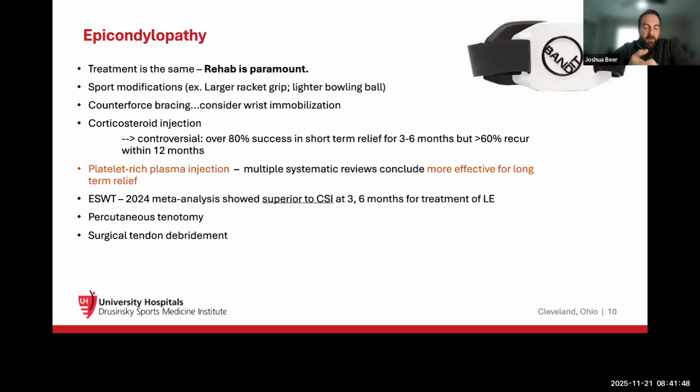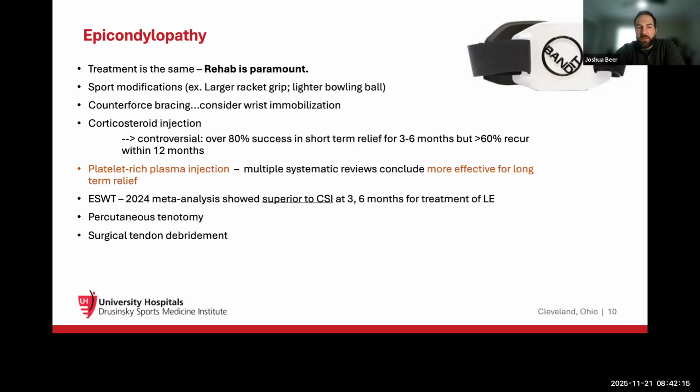Modifications, outside of gripping, lifting mechanics. If they're using a tennis racket or a pickleball racket, you can add grip width to it, so you don't have to compress as much. If you're like a bowler, you can use lighter weights. Counterforce bracing, as you can see, the Bandit brace is the one we typically recommend. That's placed about 2 to 3 centimeters below the elbow joint.